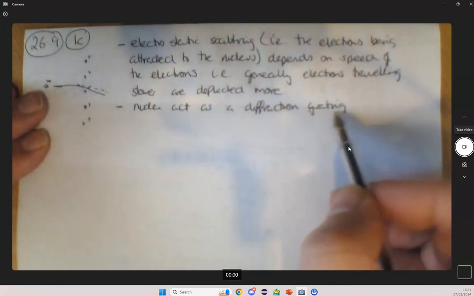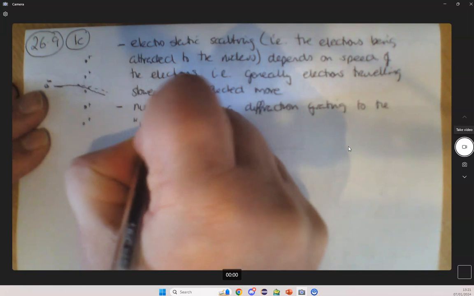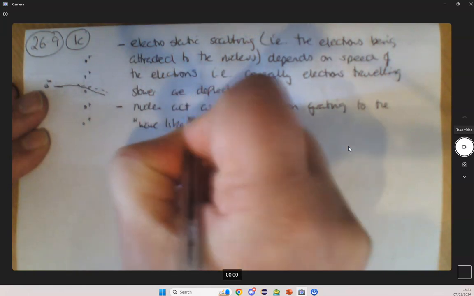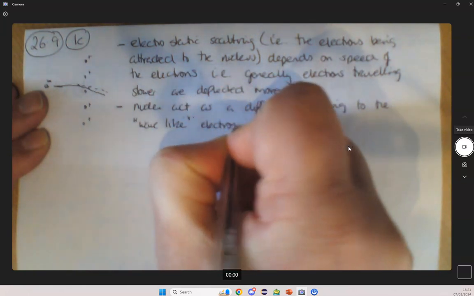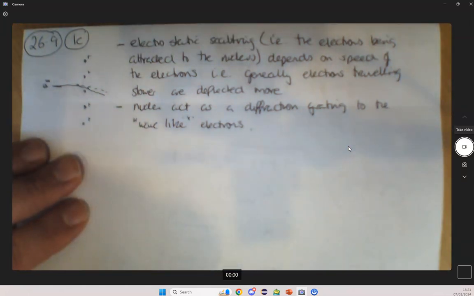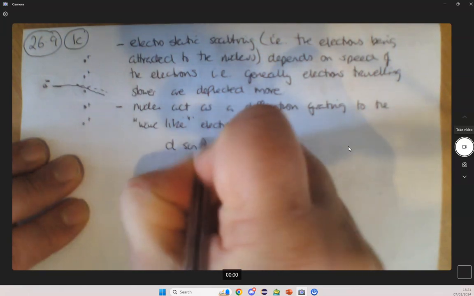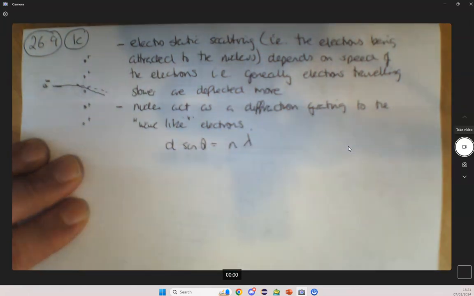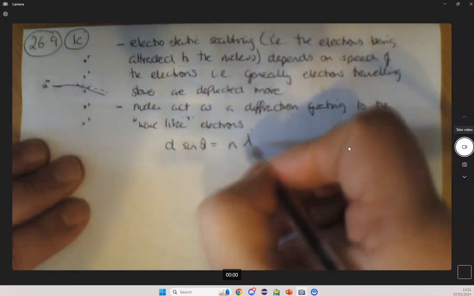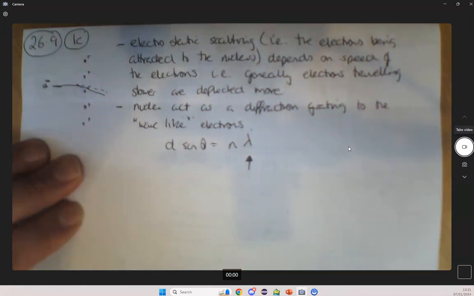So nuclei act as a diffraction grating to wave-like electrons. Now, if we go back to our diffraction grating, what we've got is d sin theta equals n lambda. So the diffraction pattern that we get depends upon the wavelength.